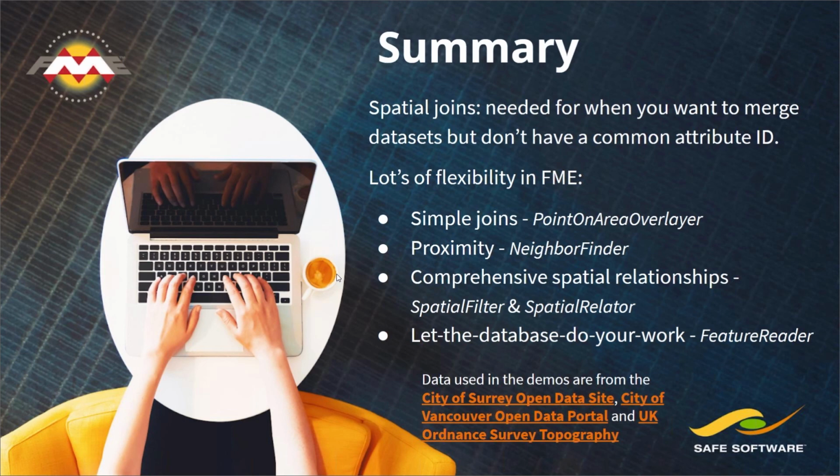We've got simple joins for GIS light kind of workflows, like the point on area overlayer that Dale was illustrating, proximity, like the NeighborFinder that Nampreet was looking at. And then if you want to build more comprehensive spatial relationships, we've got the SpatialFilter and the spatial relator. If you want the database to do your work, have a look at the feature reader.